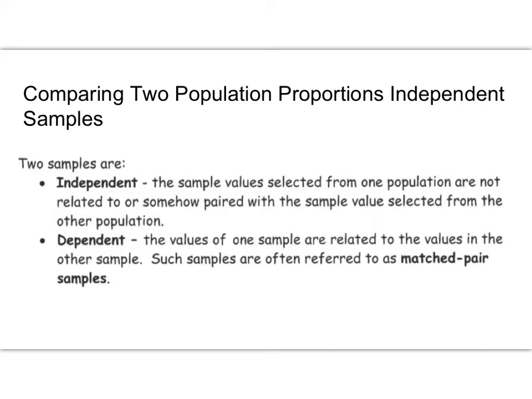The assumptions, if we're testing two independent proportions, are that the samples are independently obtained using simple random sampling, that n, the sample size, times p hat times q hat is greater than 10 for both sample sets, where n1 and n2 denote sample set 1 and sample set 2, and that both sample sets are less than 5% of the entire population.